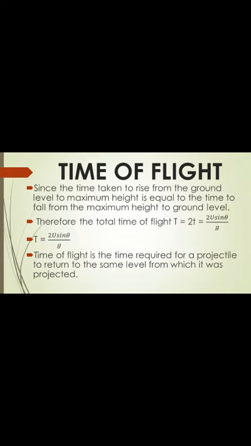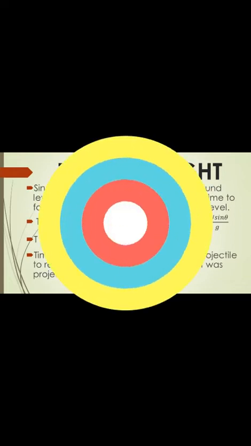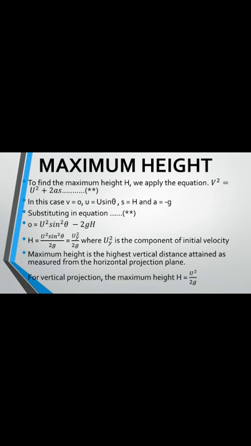And since it's double, we have T equal to 2 times u sine theta all over g. So the total time of flight, which is the time required for a projectile to return to the same level from which it was projected, can be deduced using 2u sine theta all over g.